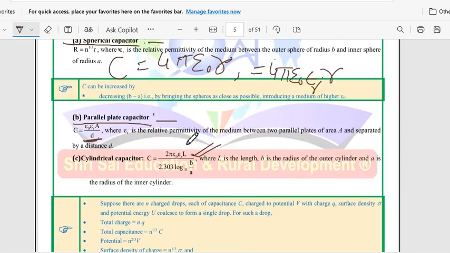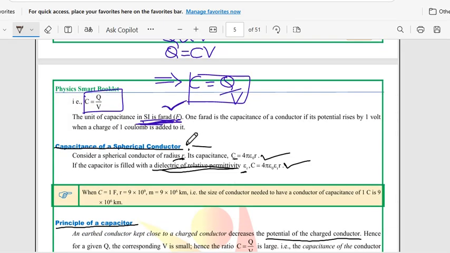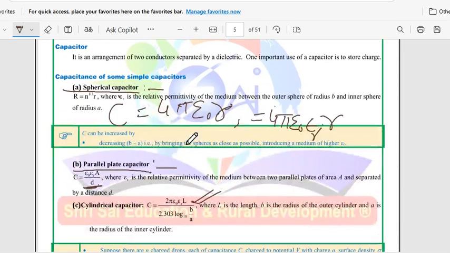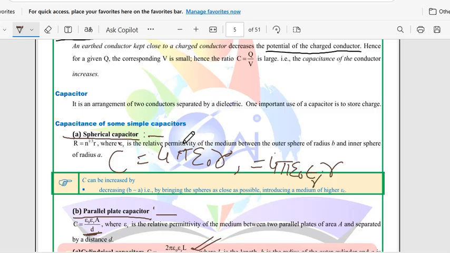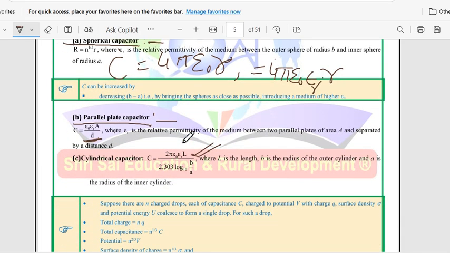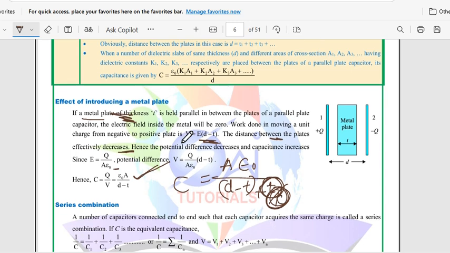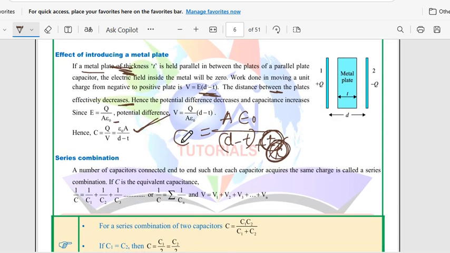So dear students, today in this session I have discussed the concepts of capacitor, the capacitance of some simple capacitors, that is spherical, parallel plate, and cylindrical capacitors, and also the effect of introducing a metal plate.